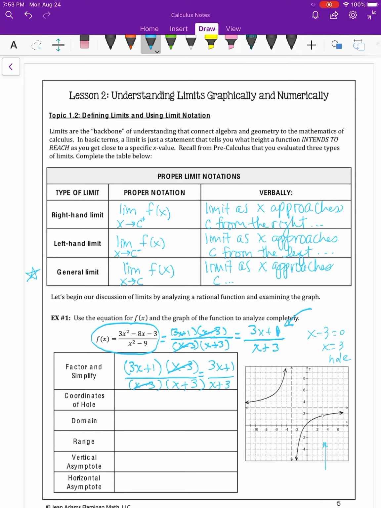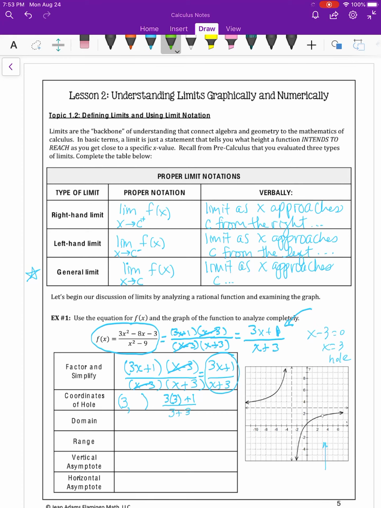And then the coordinates of the hole. If I wanted to know the coordinate, it looks like it's in between 1 and 2 on the y-axis. Because I know that my point is 3 comma something for the hole, I just don't know what the y value is, I am going to plug that 3 into this to find out what my y value is.